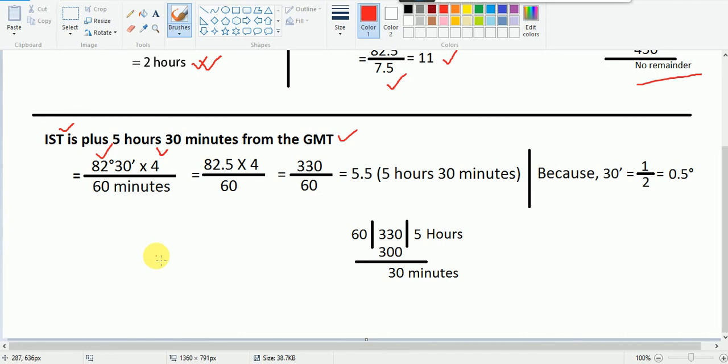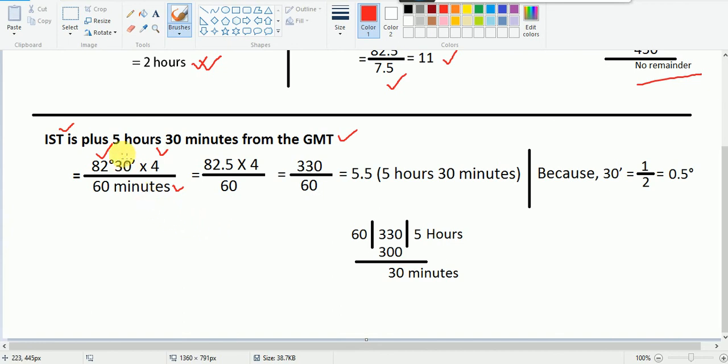Remember, 1 degree is equal to 4 minutes, and that is why we are multiplying it by 4. And to get the hour, we have to divide it by 60 minutes, because 1 hour is equal to 60 minutes.